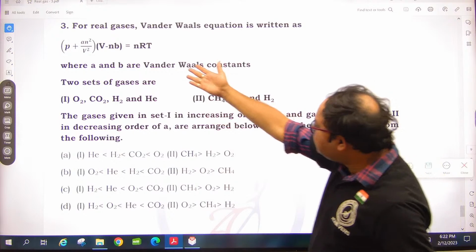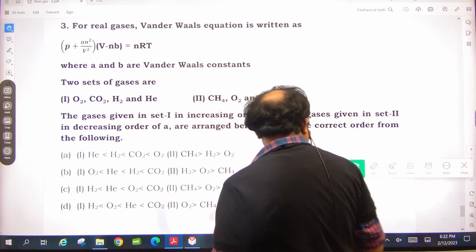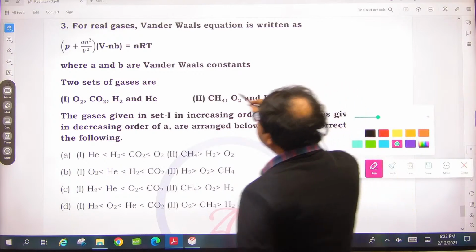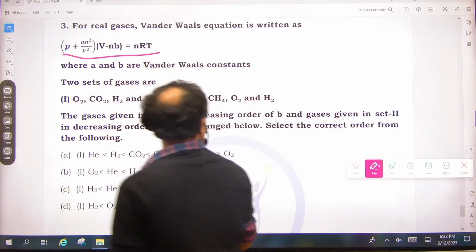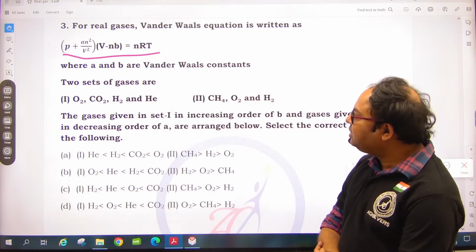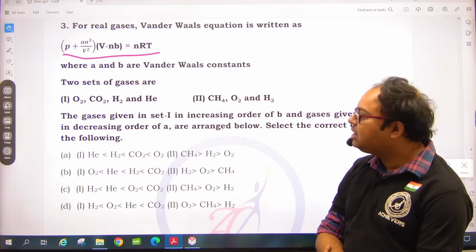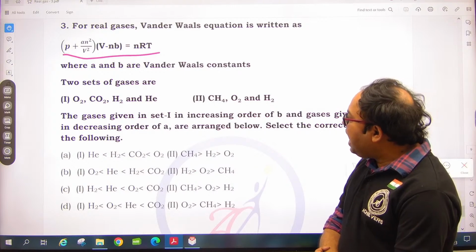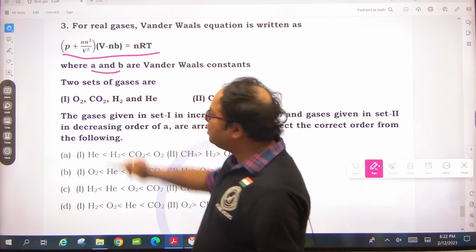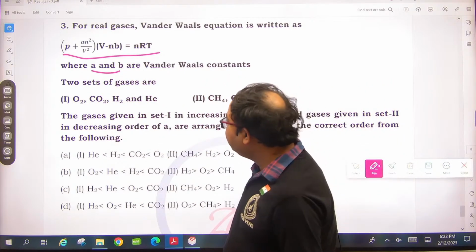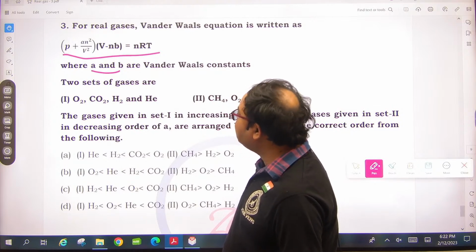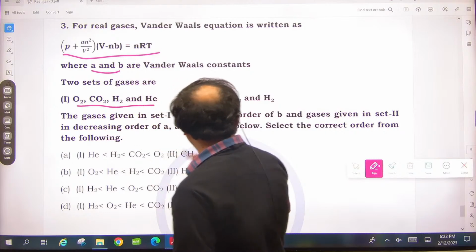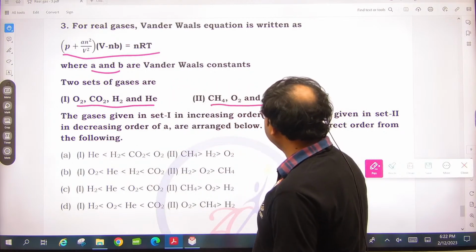So in this question, they have given the expression of the real gas, Van der Waals gas. And A and B are Van der Waals constants, which we know. You have 2 sets of gases: oxygen, carbon dioxide, hydrogen, helium, methane, oxygen, and hydrogen.